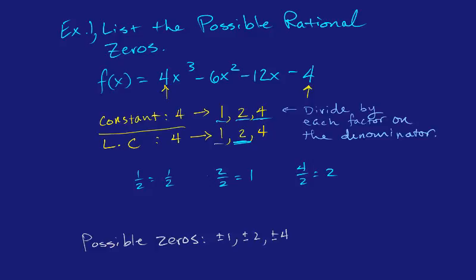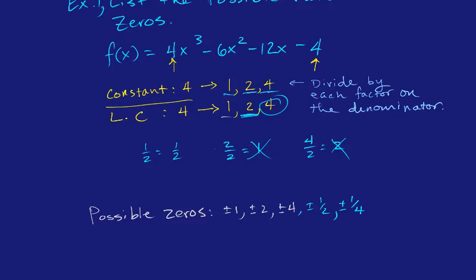In my list I already have 1 and 2, so I'm not going to write them twice. But I don't have 1/2, so I'm going to say plus or minus 1/2. Then I'm going to do this one more time with 4. 1 divided by 4 is 1/4, that would be new, plus or minus 1/4. 2 divided by 4 is 1/2, and I already have that. And 4 divided by 4 is 1, I already have that. So these are my possible zeros.